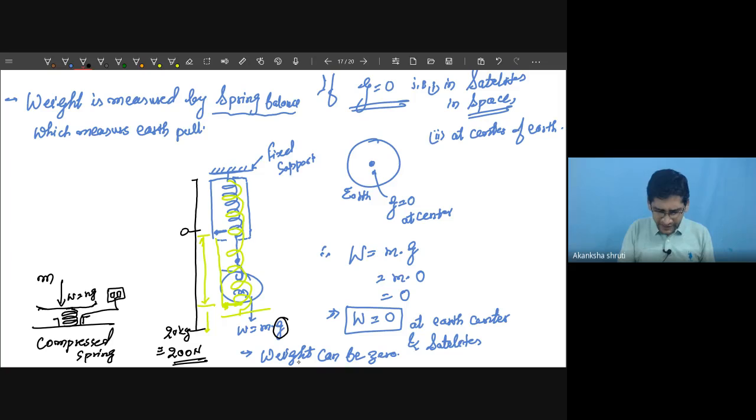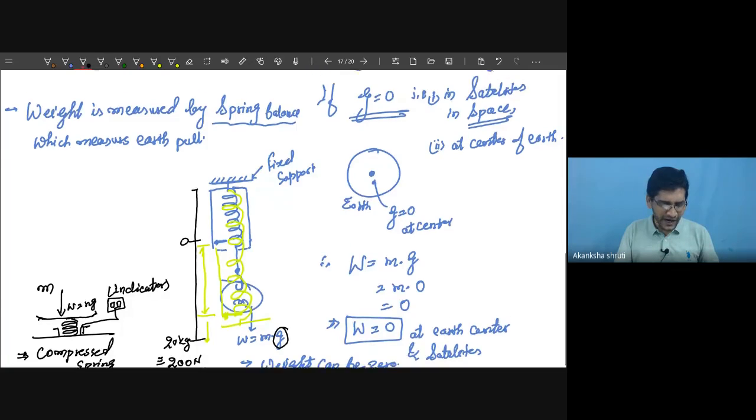How much the compression is, is measured here by the meter. So this is the indicator or digital meter. This indicator will give you the reading. So nowadays in shops, this method of compression is used for giving the mass or even the weight.